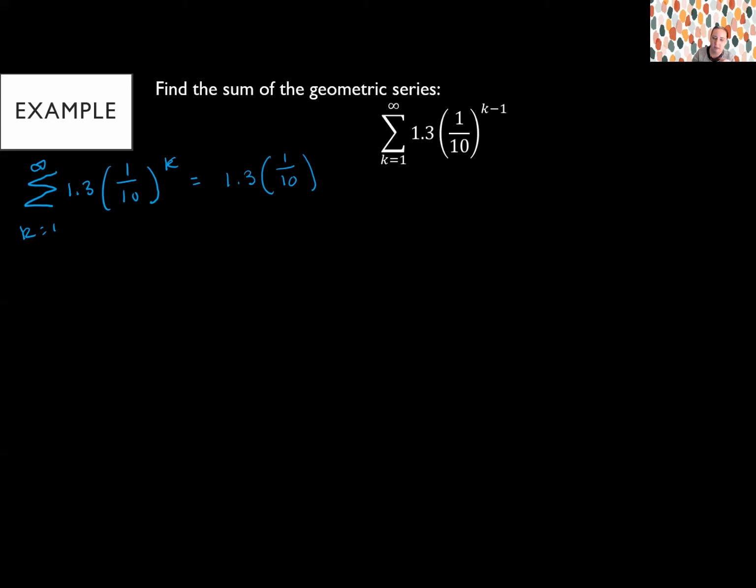So as a side note, if you have your index starting at 1, the exponent needs to be k minus 1 in order for them to be equivalent. Otherwise, you'd have to add in an extra term. So this would be the same as 1.3 plus the sum from k equals 1 to infinity of 1.3 times 1 over 10 to the k.